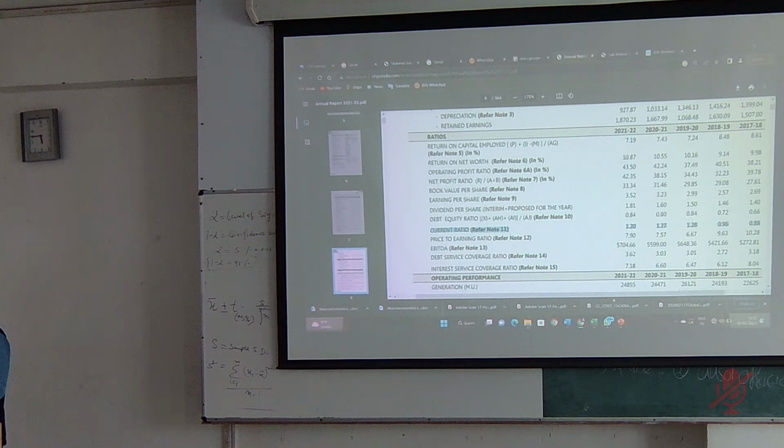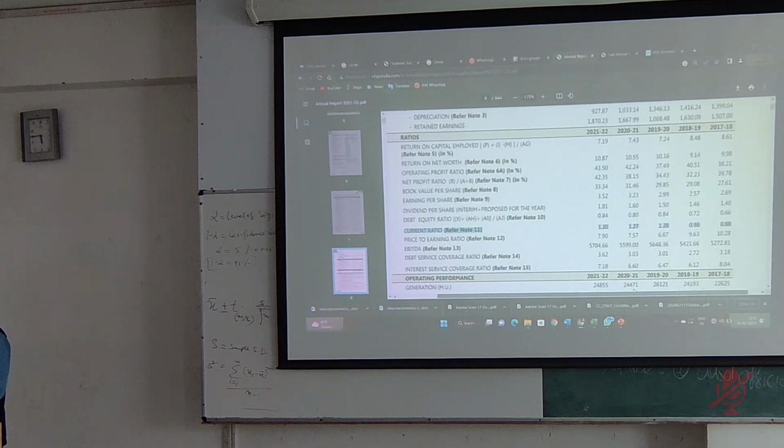Why has it kept on increasing? Because now it is very clear that it was 0.88, 0.96, 1.28, 1.27, 1.2, approximately 1.2 it is running for the last 3 years. Prior to that, again it was closer to 1, and prior to that even lesser than 1.